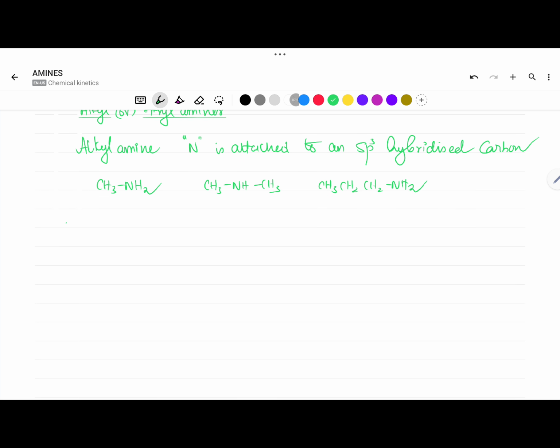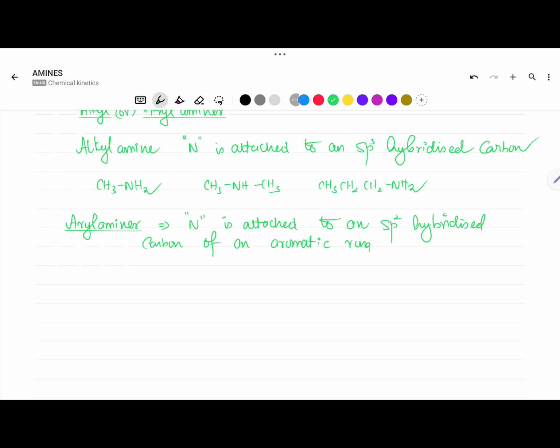Whereas if we take aryl amines, the point to be noted here is, in aryl amines the nitrogen is attached to an sp2 hybridized carbon of an aromatic ring.